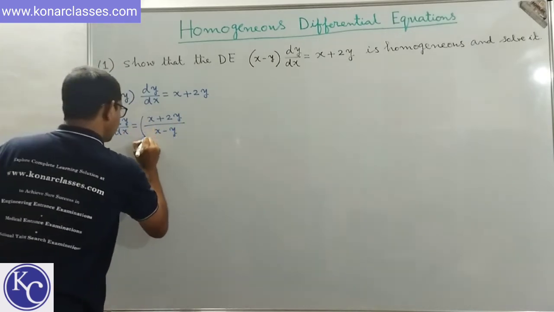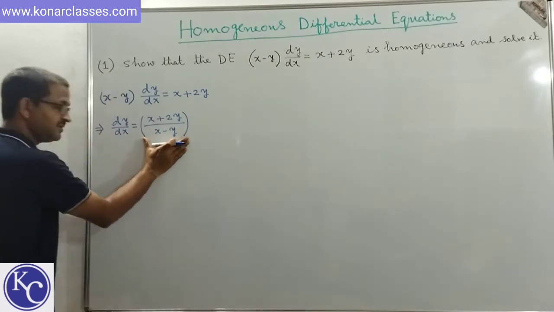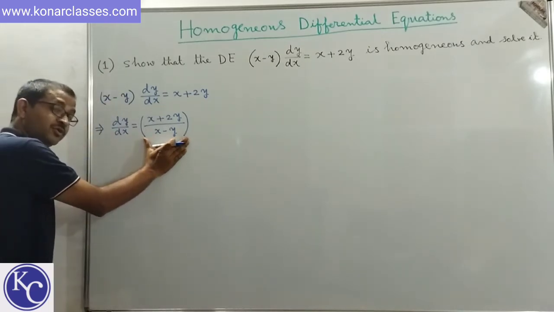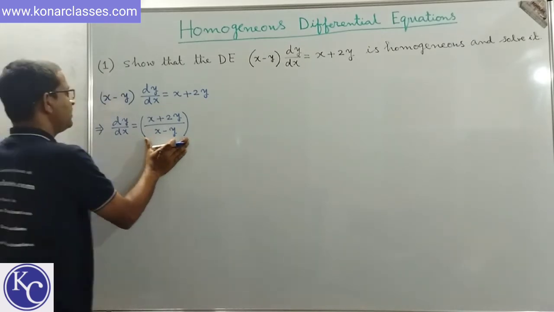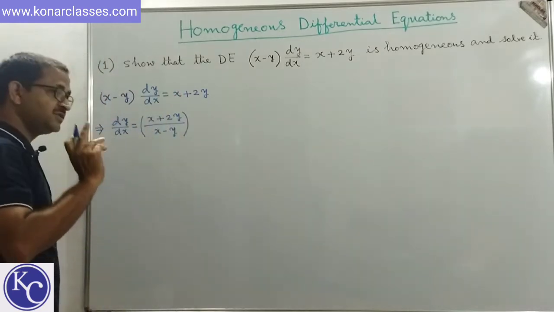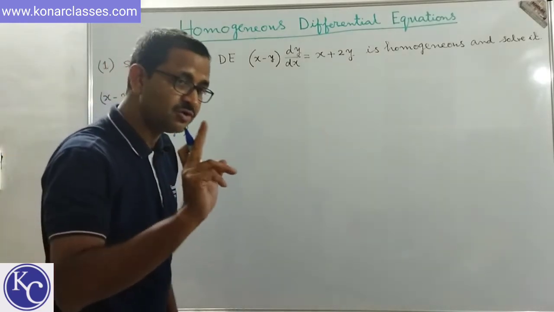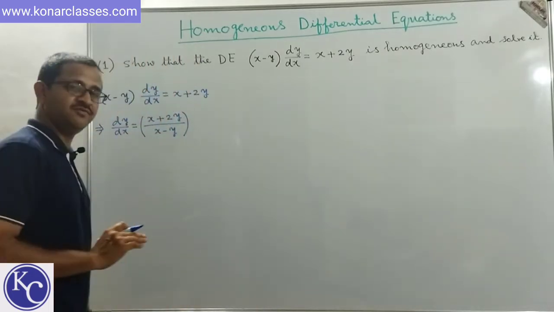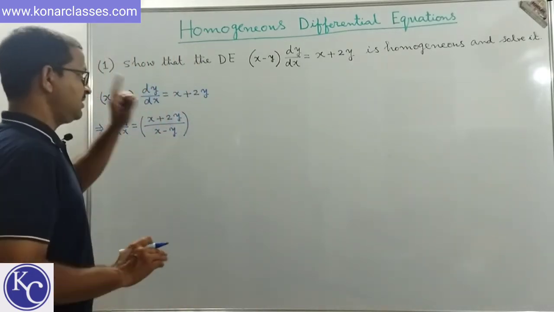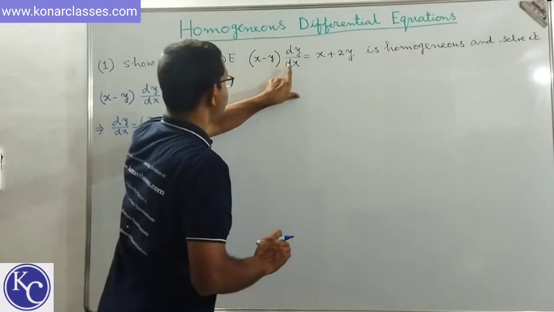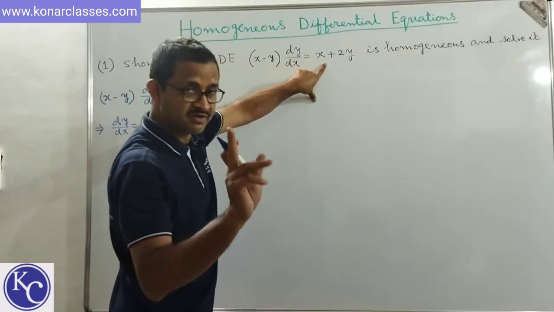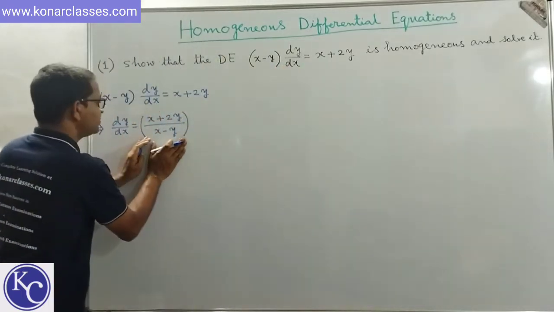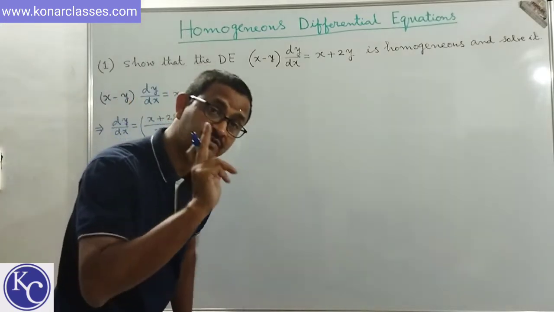Now first we need to show that this function on the right hand side is a homogeneous function of degree 0. Because if the function is not a homogeneous function of degree 0, the concerned differential equation is not a homogeneous differential equation. I repeat, to qualify as a homogeneous differential equation, this particular function has to be a homogeneous function of degree 0.